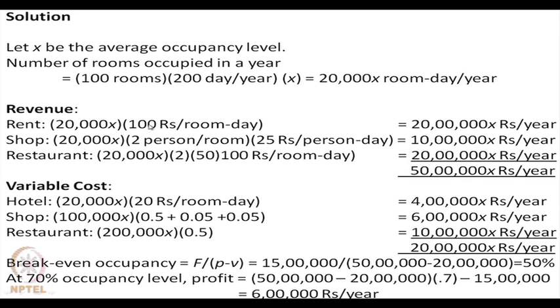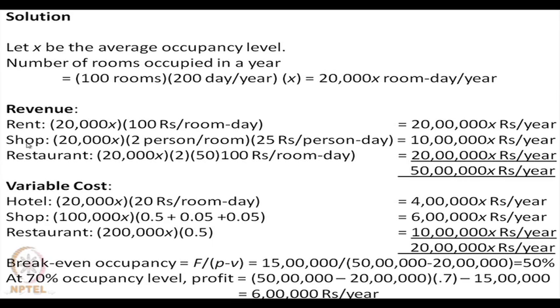Now, room rent is given as 100 rupees per room per day, and we have 20,000 x room days per year. So, if we multiply, we get 20 lakh x rupees per year as rent from the occupants of the hotel.